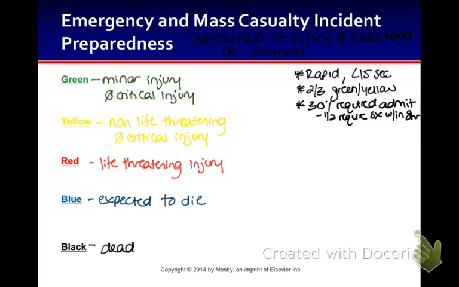They're not going to utilize as many resources. And I know that sounds harsh, but if you think about it, when we talk about mass casualties where it's over 100 people, and we have a limited amount of resources, they're going to focus those resources to do the most good.